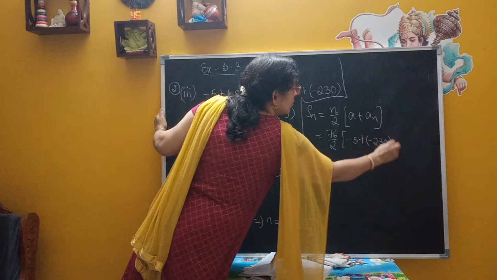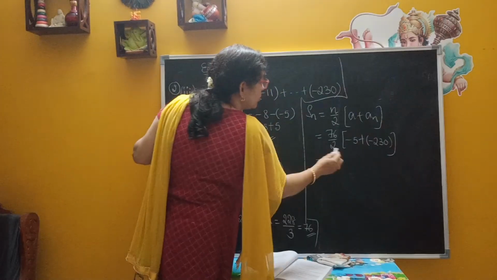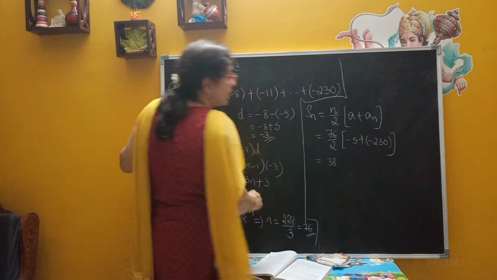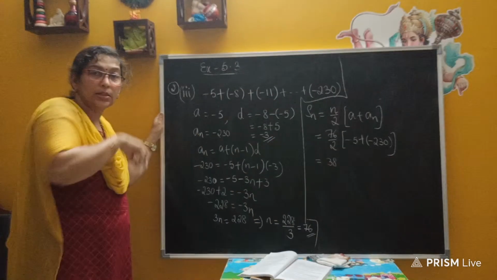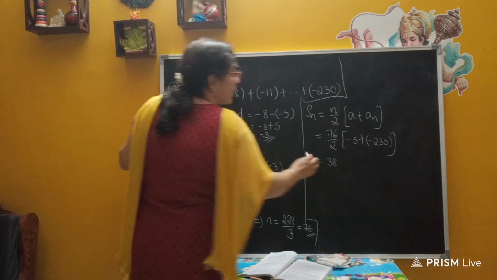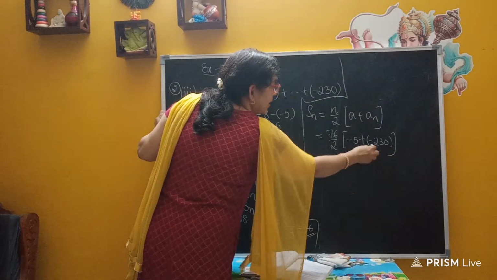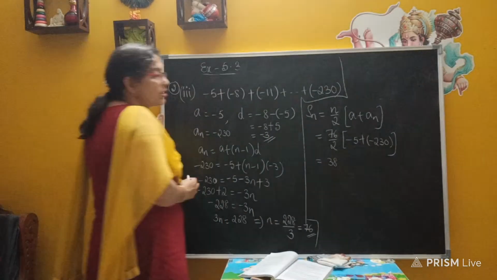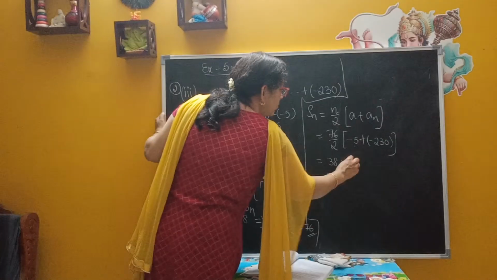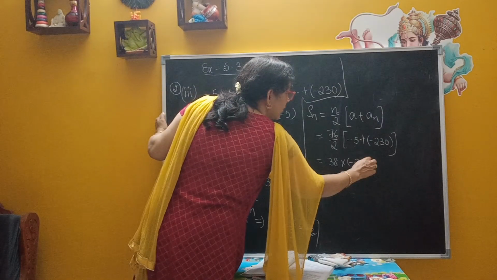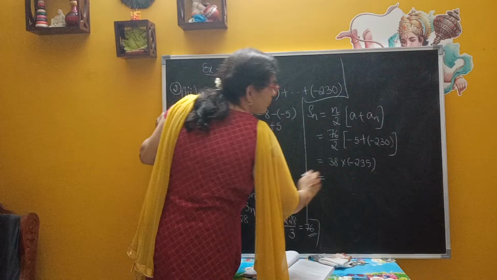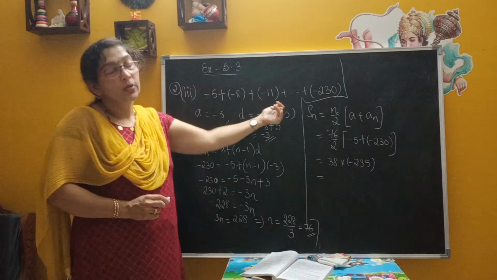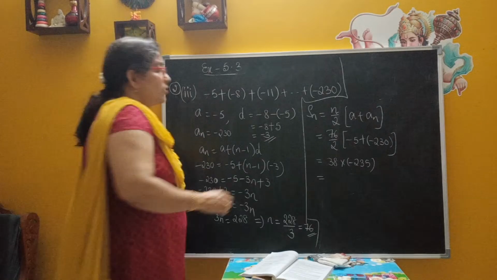It is equal to 38, 76 by 2 is 38, into here minus 5 minus 230. When you add them, what do we get? Minus 235. So into minus 235. Multiply. The product obtained is nothing but what? Sum of this AP. Yes, you can multiply.